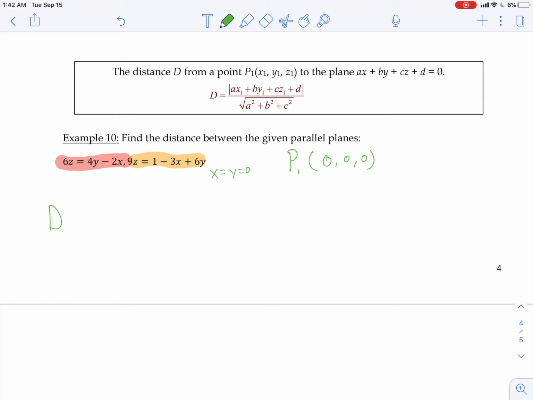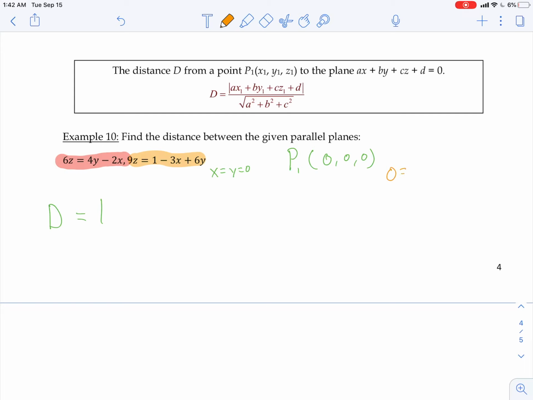Now, to set this up, we're going to take the magnitude of our second plane, but I'm going to rewrite that second plane first. So it's going to be 0 is equal to 1 minus 3x plus 6y minus 9z.